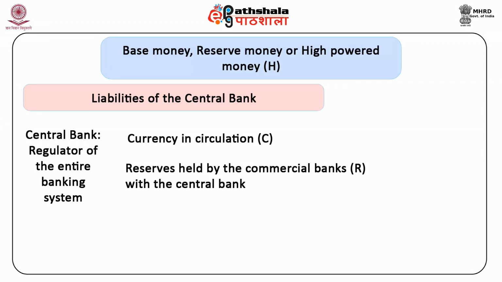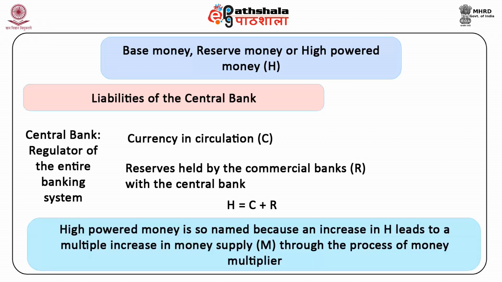That is, H is equal to C plus R. You will see that high-powered money is so named because an increase in H leads to a multiple increase in money supply M through the process of money multiplier.